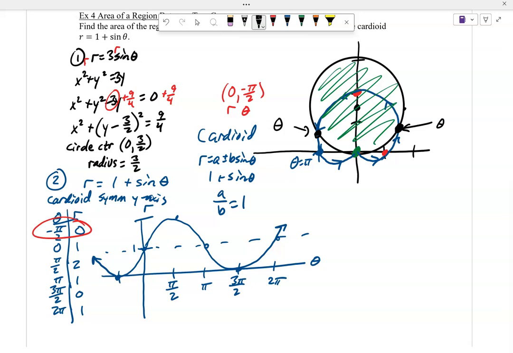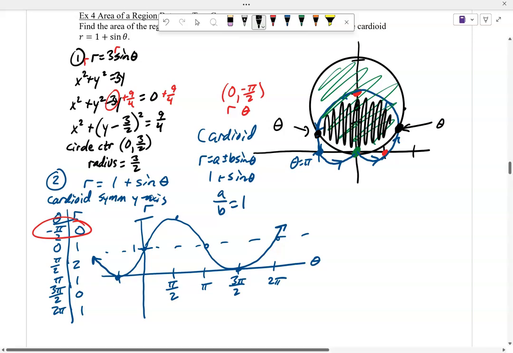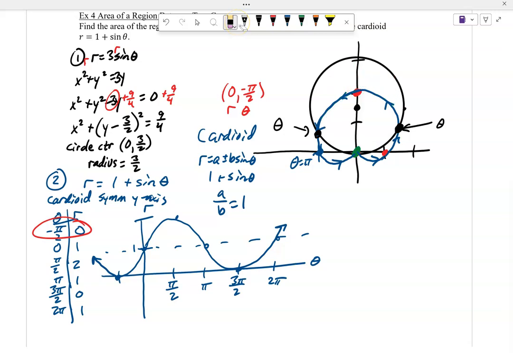And then I'm going to go and subtract out the area of the cardioid piece. If I did that in black, that's the piece. Subtract out the black piece, and that would leave me with the red up there, top. Okay. So that's kind of the plan, but we've got to find the intersection first.